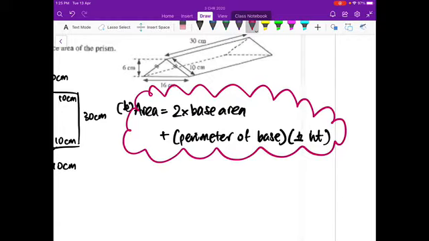There are 3 rectangles, but they are different rectangles, you know that, right? Then just combine all and plus 2 triangles.